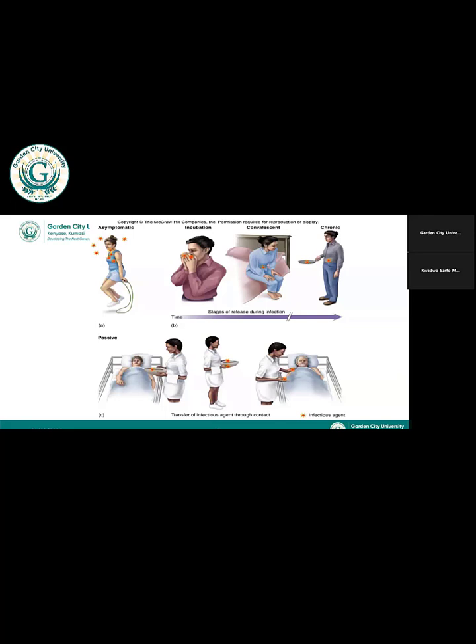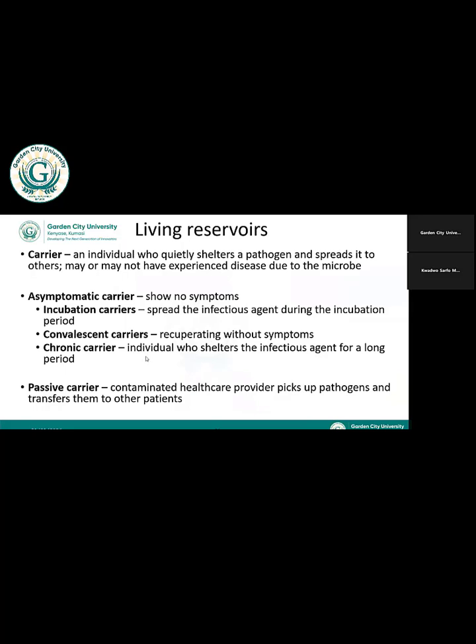So we could have asymptomatic people, they have the infection, they don't show symptoms. So somebody is asking about the chronic and then the passive. So a chronic carrier has the infection.